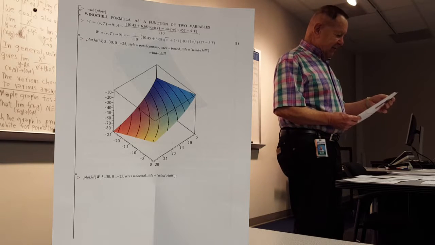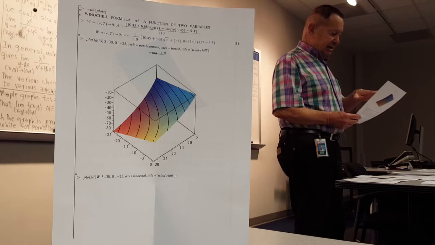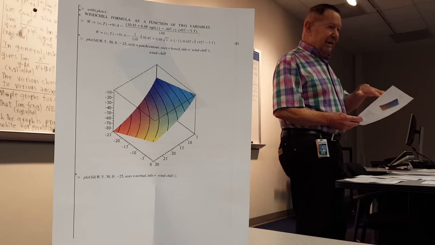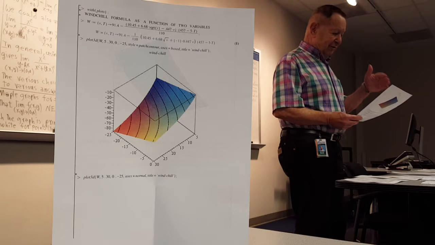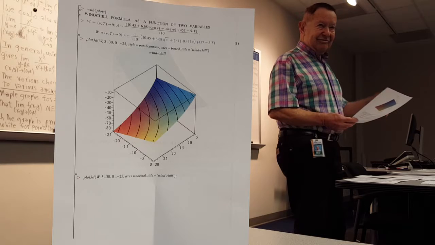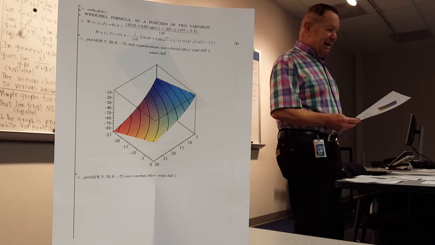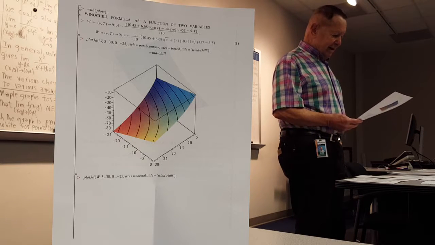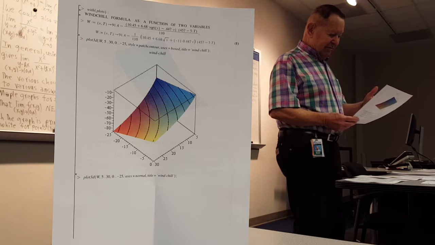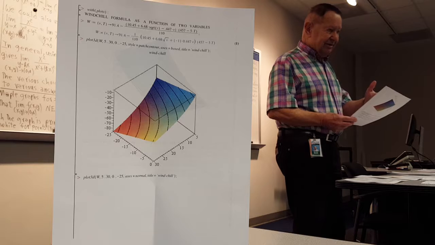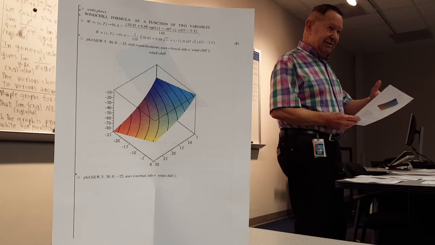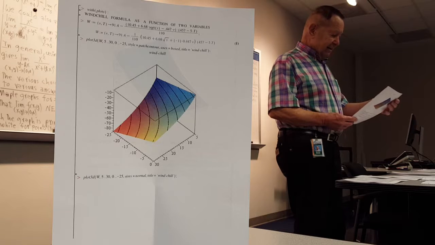So what I'm trying to talk about here is how you would use Maple to enter a formula for a function of two variables, regardless of how the formula is derived, and then how you would interpret the graph. What we're after here, really, as far as the mathematics, is that the graph is going to be some kind of surface.